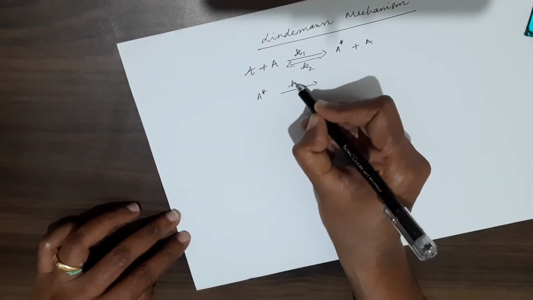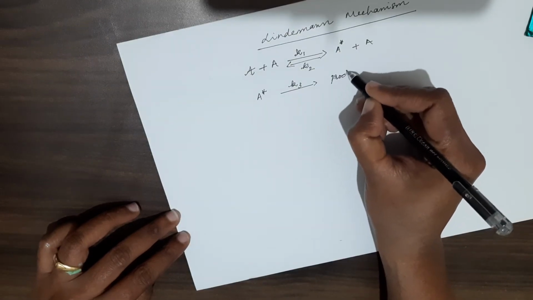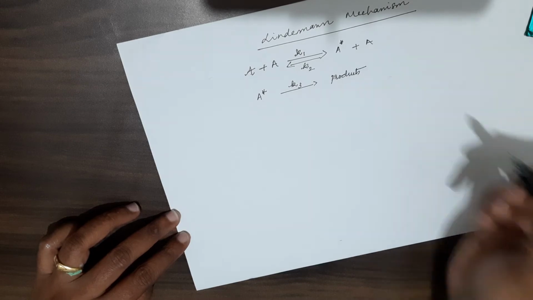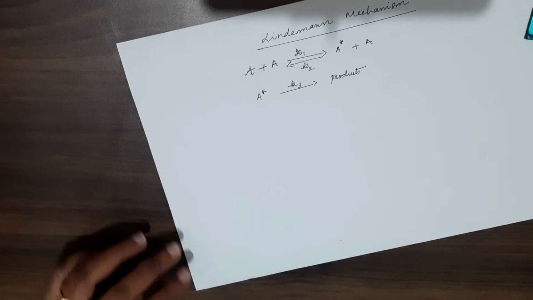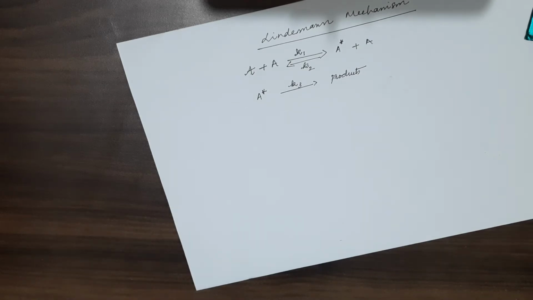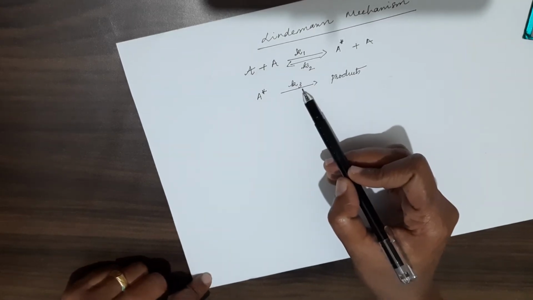Let this rate constant be K3. So these are the concepts that were explained by Lindemann in order to explain the kinetics of unimolecular reactions.